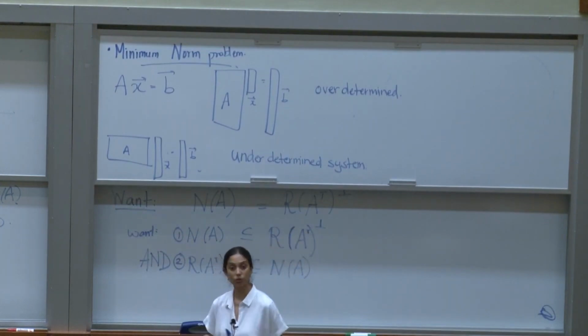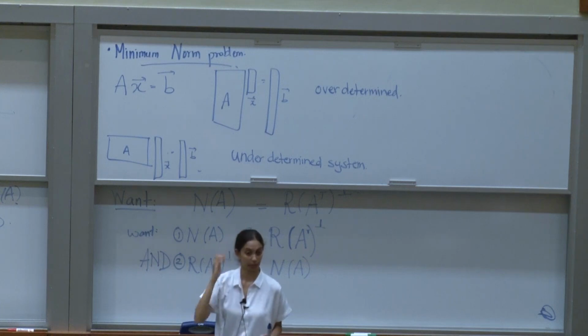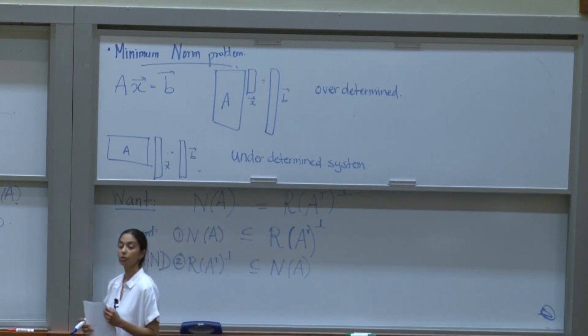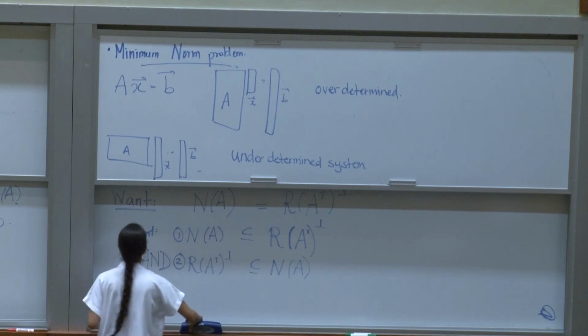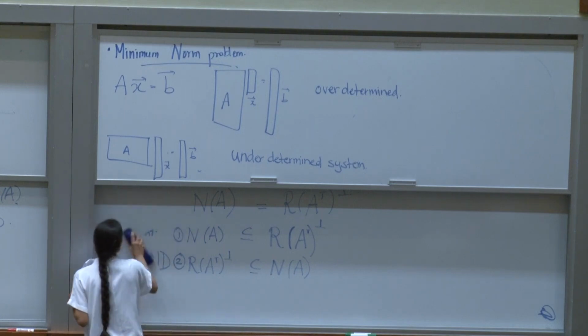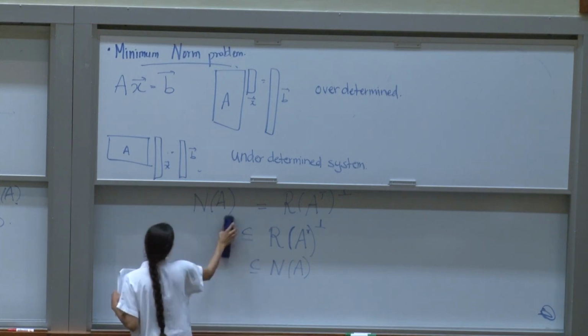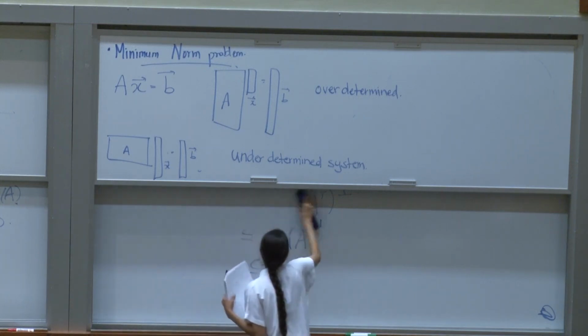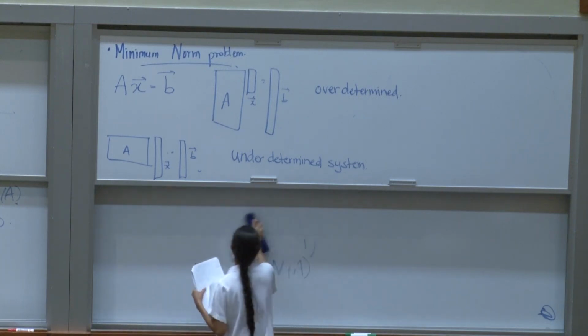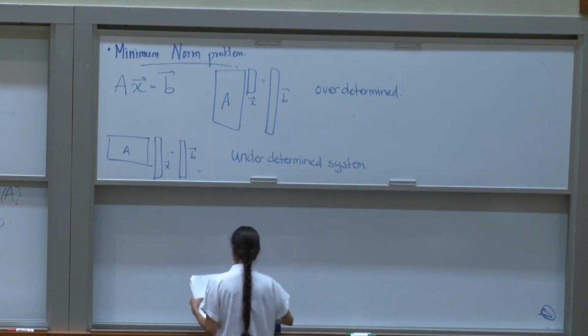Well, it really depends on what kind of engineering problem you're solving, right? For example, one common solution is to pick the minimum energy solution or the minimum norm solution. So that is written as the following optimization problem.